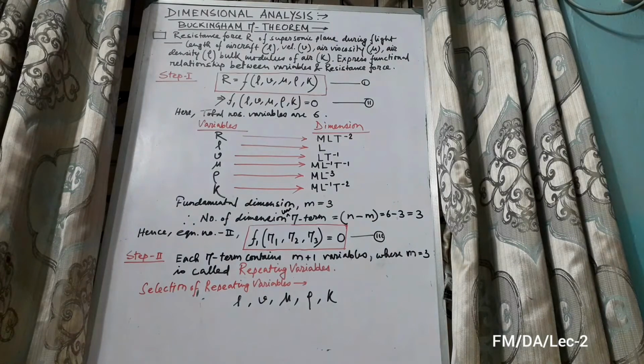So we now have 5 variables. Out of these 5 variables, we have to find the repeating variables. One variable should have geometric property, the second should have flow property, and the third fluid property.